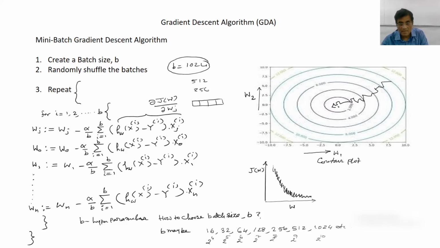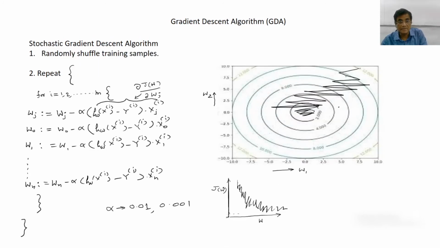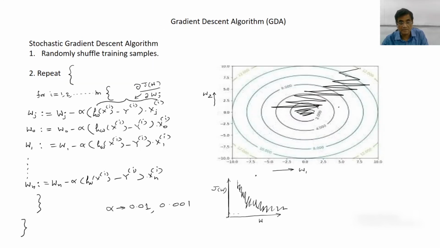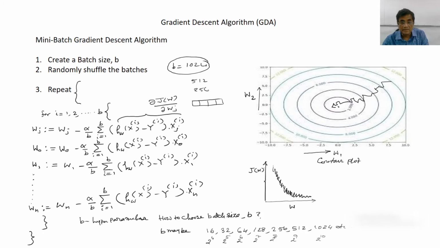Mini batch gradient descent has wide application, and if properly vectorized, it almost always works much better than the stochastic gradient descent algorithm, and it is almost as precise as batch or vanilla gradient descent. That's the reason it is widely used in machine learning and deep learning as an optimizer, as a good optimizer.